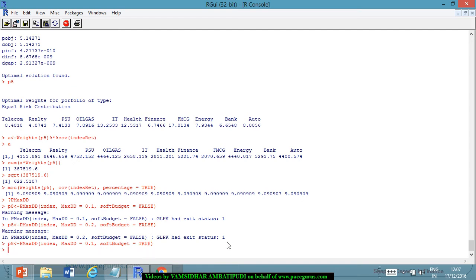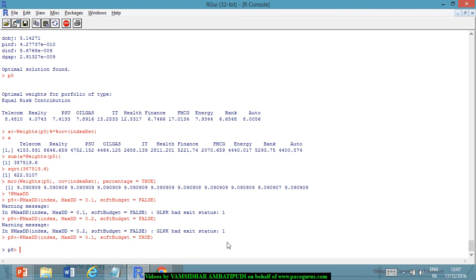Now if I see, it has done the allocation so that the maximum drop in the value cannot go beyond 0.1. Similarly, I can talk about the maximum drop if I am setting it as, let's say, 100.